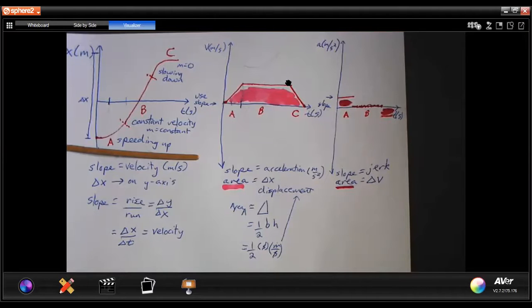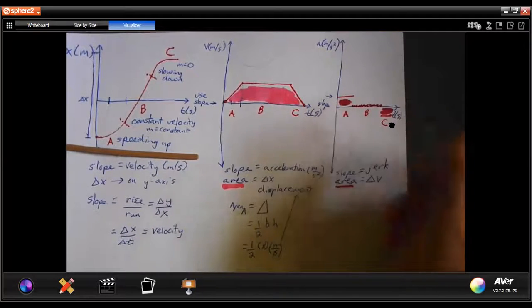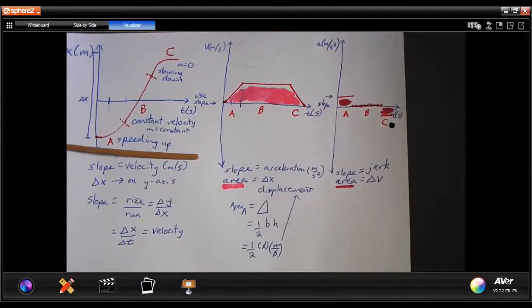Here, we do not have an acceleration. The acceleration is 0. So it's here. And then here at C, we have a negative acceleration because you're moving towards 0 in this case. Got to slow down, moving towards 0.